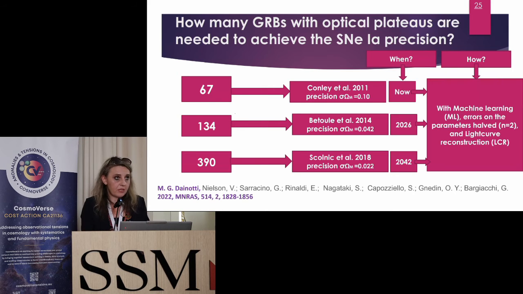But this is a very pessimistic estimate, because it does not consider the fact that we have improved machine learning analysis, and also we can infer the redshift of more GRBs with parametric inference with machine learning, which is going to more than double the sample of GRBs. So we are going to reach this precision earlier than that.